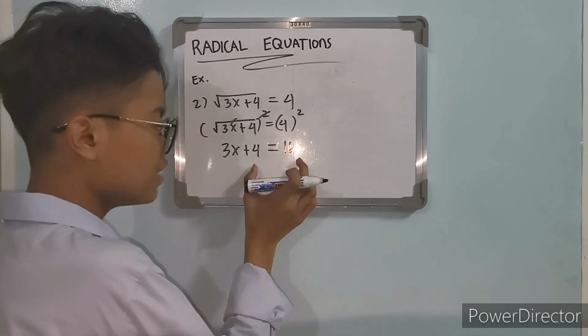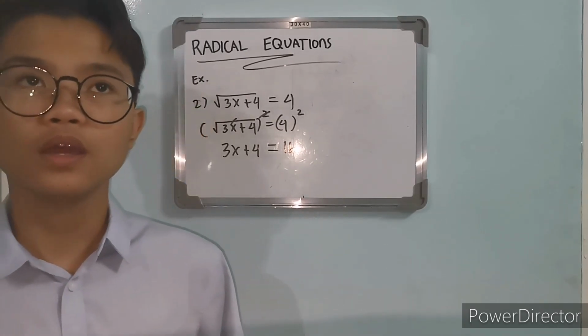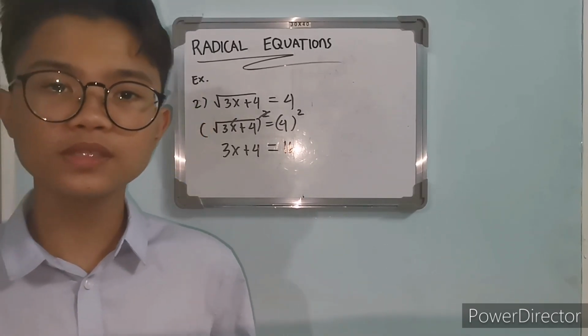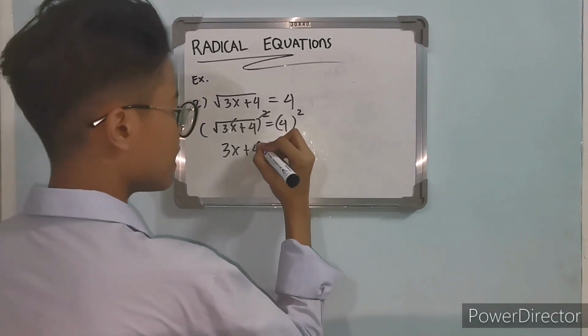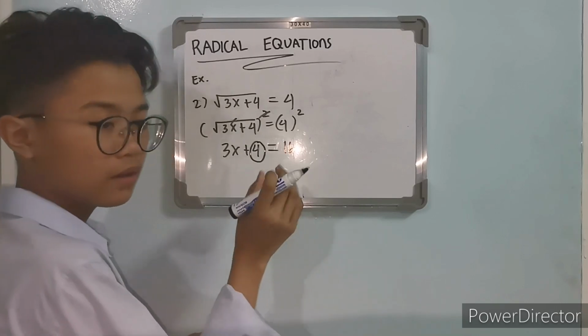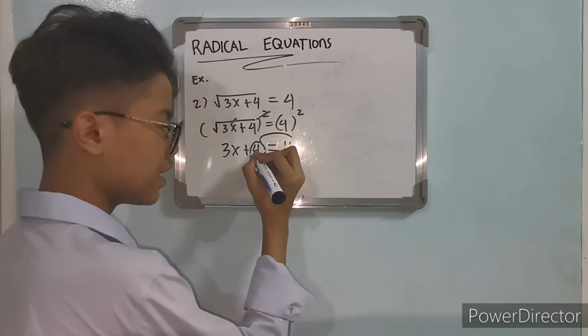So we can combine these two. Now I'm going to introduce a term called transpose. It's where we get a number or a value, move it over the equal sign, and change its sign.